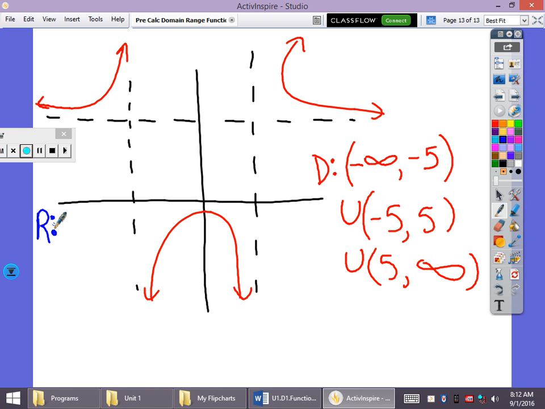Okay, so now we're going to do range. And my range is going to be, oh, well, there's a gap. All right, so let's start at the bottom of the page. Negative infinity to, I'm going to say, not 0, I'm going to say 0.5.